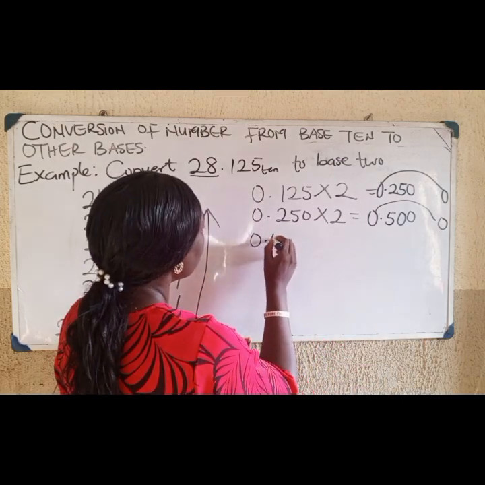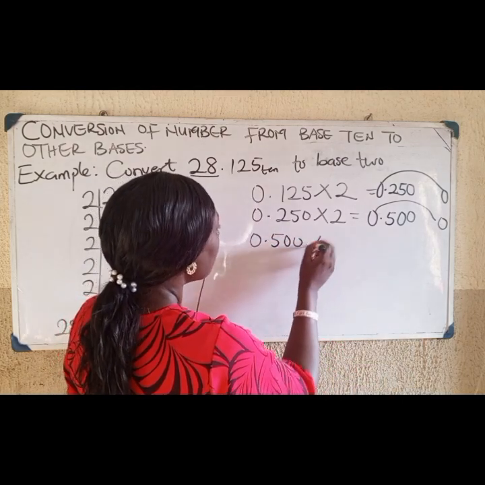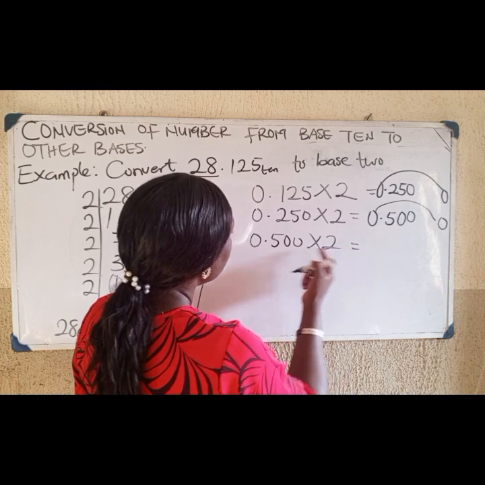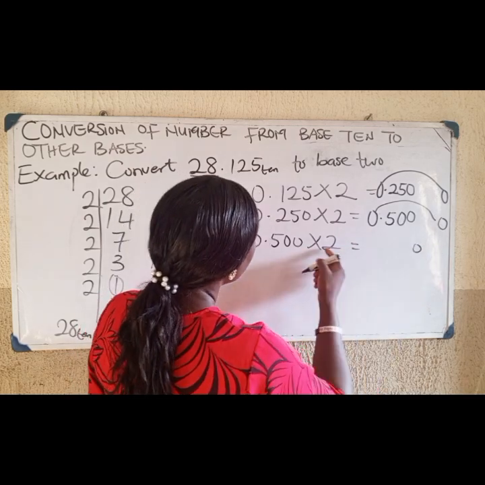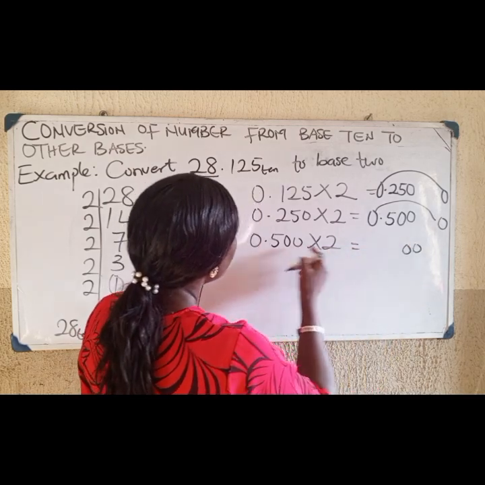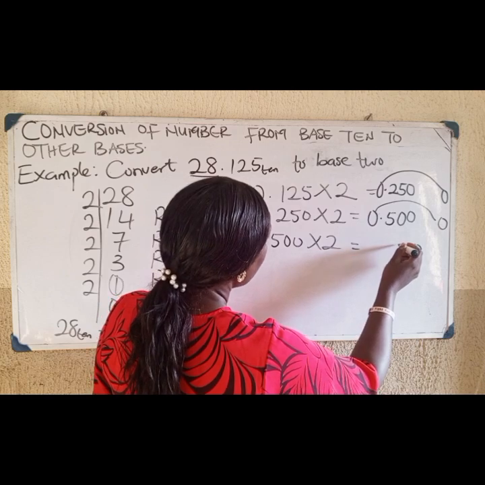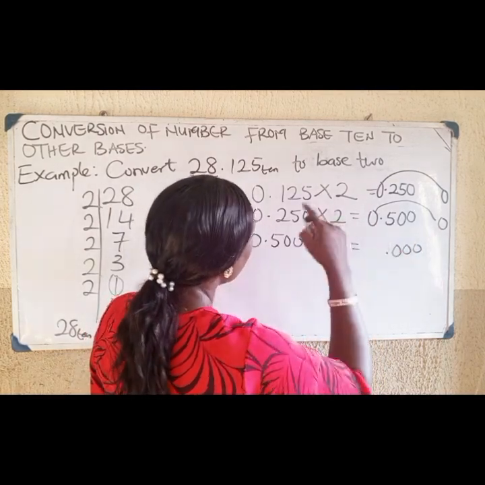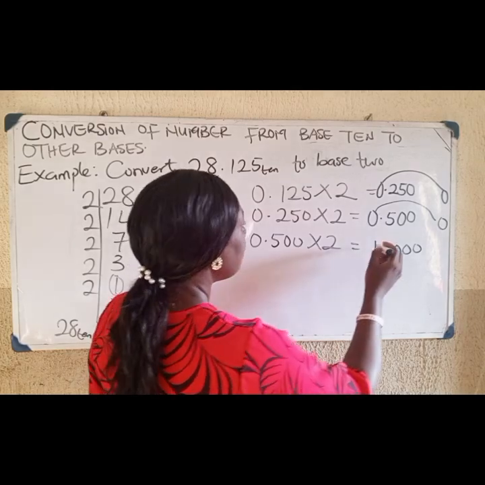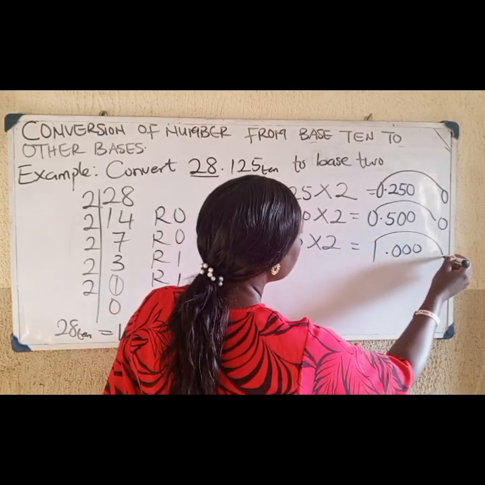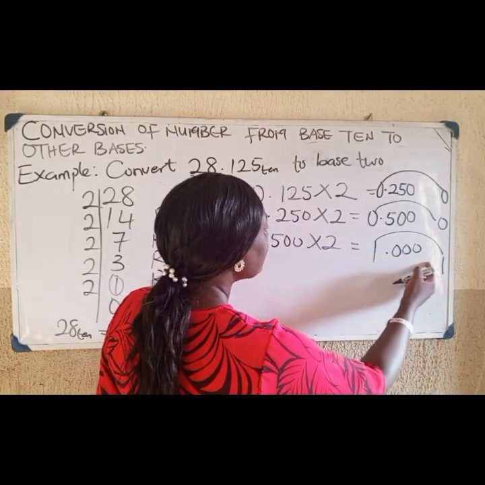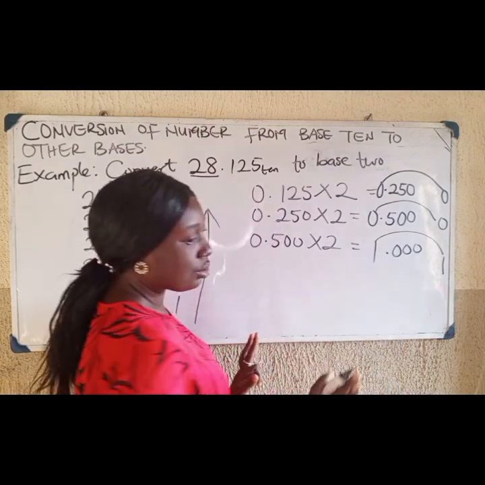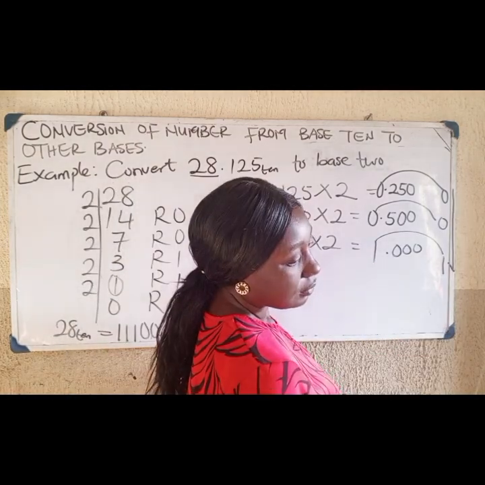So I have 0.500, times 2 again. 2 times 0 is 0. 2 times 0, 0. 2 times 5, then I'll write 0, carry 1. 2 times 0 is 0, plus 1, 1. Then I'll pick the whole number, which is 1. So once I obtain 0 here, I'll stop.